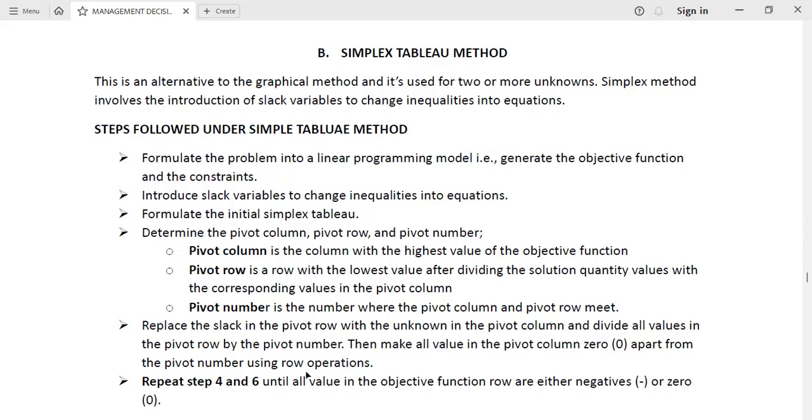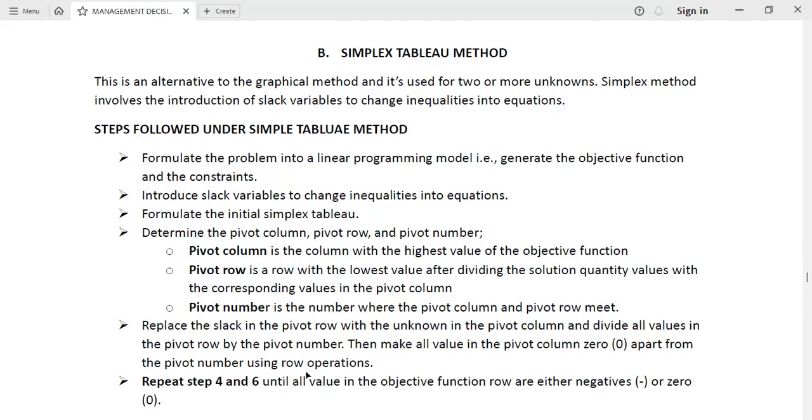The second is the pivot row. A pivot row is a row with the lowest value after dividing the solution quantitative values with the corresponding value in the pivot column.